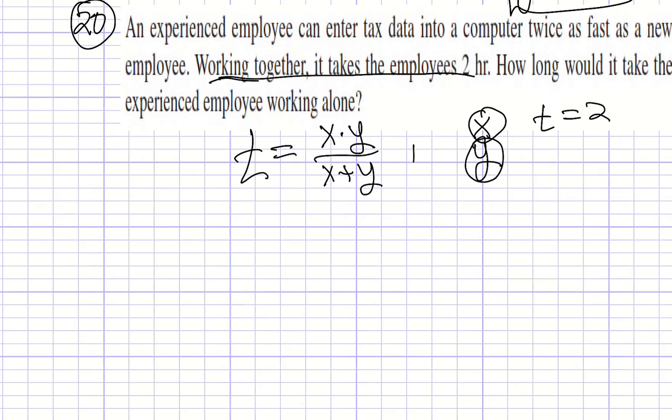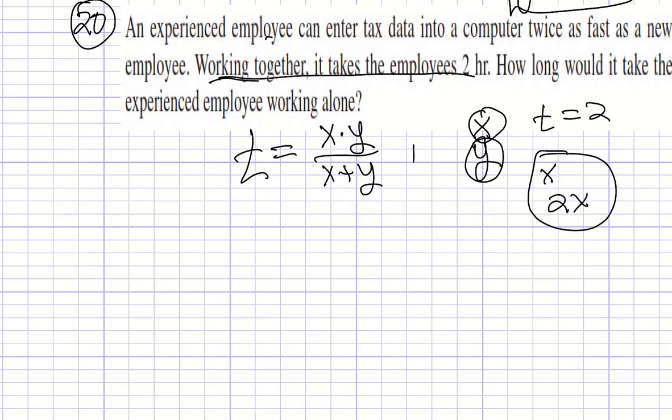So, if X is the experienced worker, right, and Y is the inexperienced worker, it means that if the experienced worker takes X time, the inexperienced worker takes 2X.